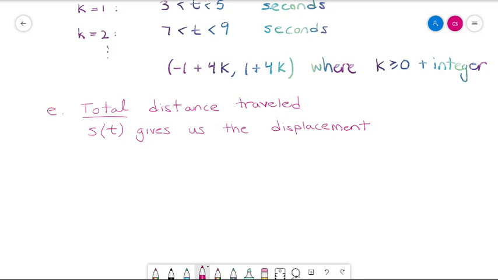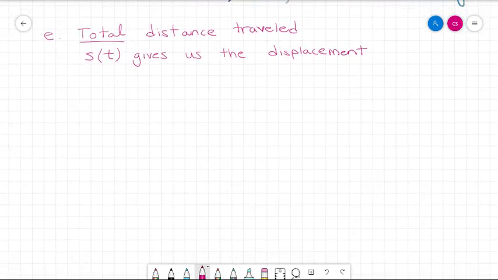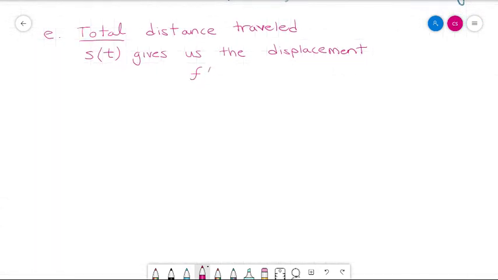So here's what we're going to have to do. First of all, here's our position function. We call it f in this problem. It's sine of pi t over 2.